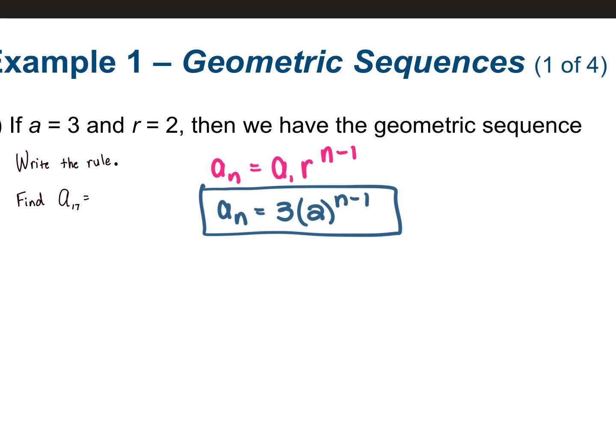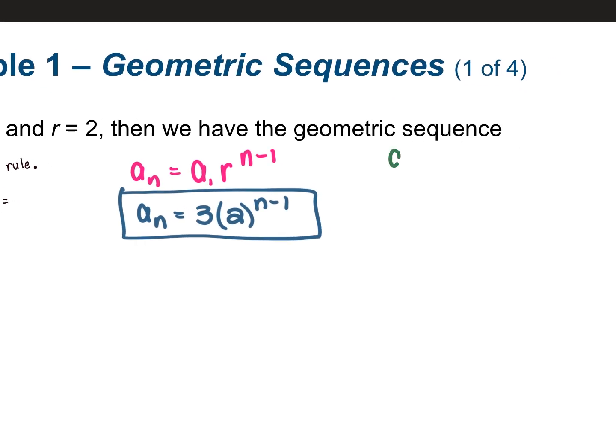If we are finding the 17th term, we can find a sub 17 by doing 3 times 2 to the power of 17 minus 1. You're going to need your calculator for this because it is going to be working with a larger number. So you can simplify that power to be 3 times 2 to the power of 16. The 2 to the 16th power is 65,536.